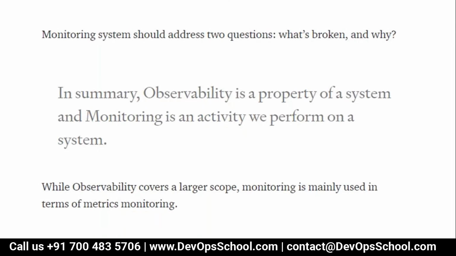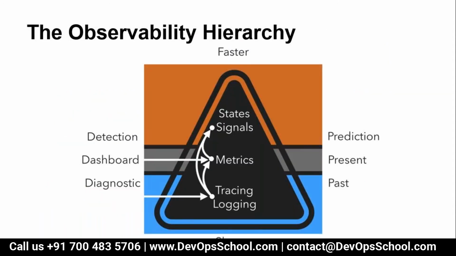So a monitoring system should address two questions: what's broken and why, whereas observability is a property of a system, and monitoring is an activity we perform on a system. Observability covers the larger scope, while monitoring is mainly used in terms of metrics monitoring. So today we are trying to learn observability with the help of Datadog, not only as a monitoring tool.